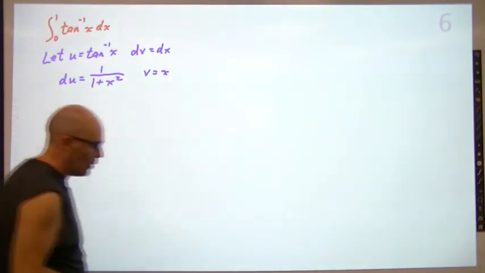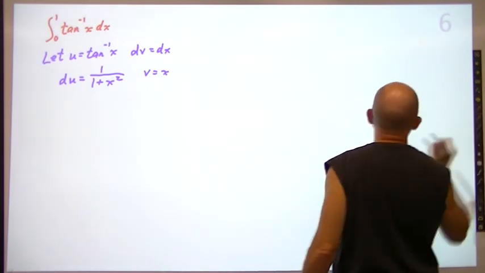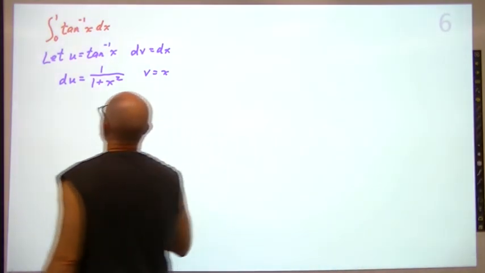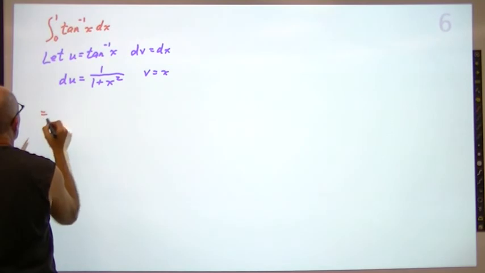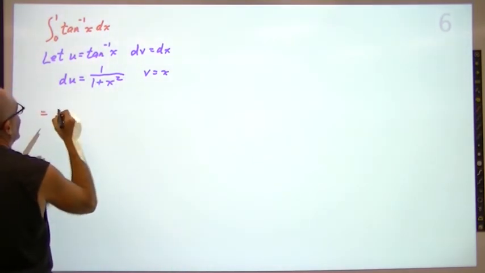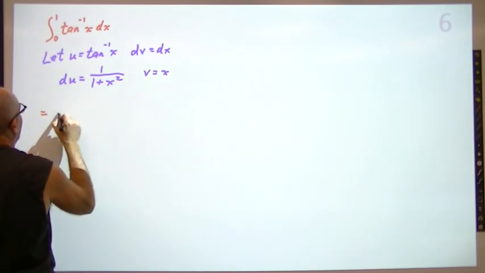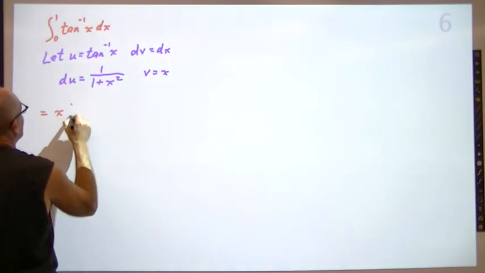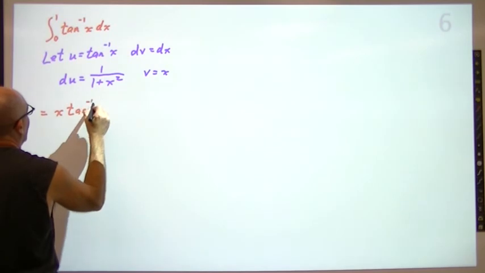So now we're ready to spring into action. So this thing is going to equal uv, which is x inverse tangent x.